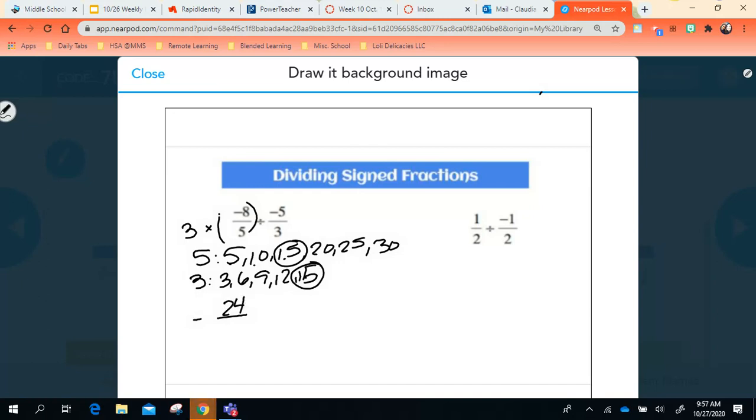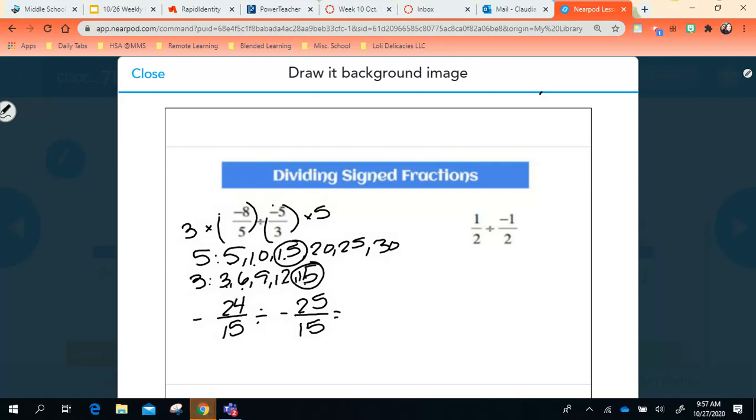Thank you. And what is 5 times 3? 15. You skipped a step. And then for the second one, I'm going to multiply by 1, 2, 3, 4, 5. So negative 5 times 5 is 25. And 3 times 5, 15.